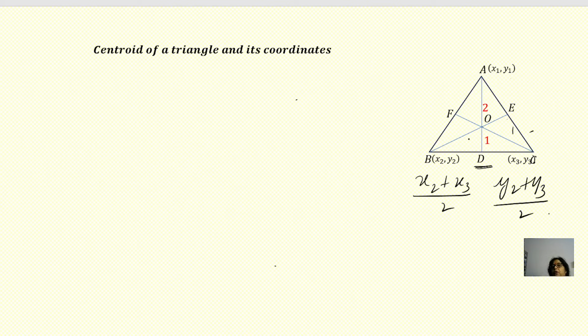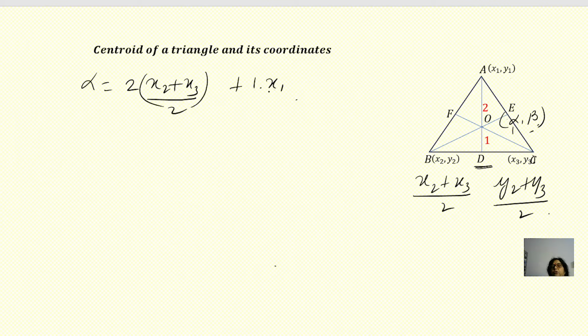So now O divides the median in the ratio 2 is to 1. So here supposing the coordinates of O are alpha and beta. So alpha will be equal to [2 into (x2 plus x3)/2 plus 1 into x1] divided by 3.